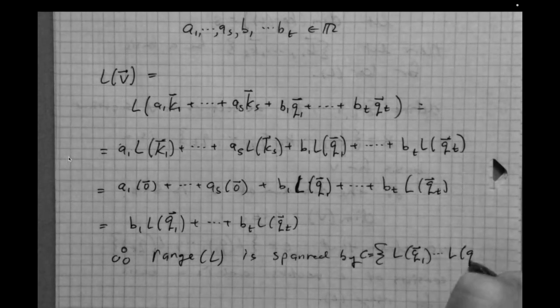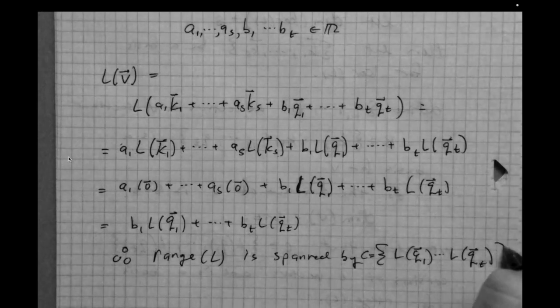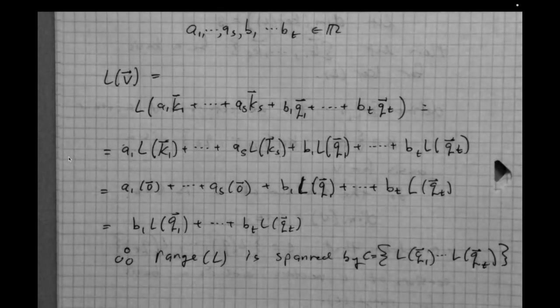L of Qt. And so that's getting us very close to the idea that this could be a basis for the range. We don't know that it's a basis yet. All we know is that it spans the range. Anything in the range can be written as a linear combination of this.